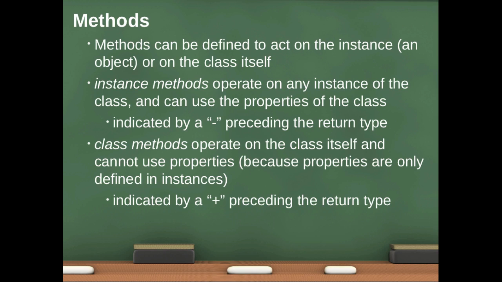An instance method is preceded by a dash, and the dash precedes the return type, as we just saw in the last slide. Class methods operate on the class itself, and because the properties don't belong to the class but to objects of a class, we can't use them in class methods. And we indicate a class method by replacing the hyphen or minus or dash before the return type with a plus.